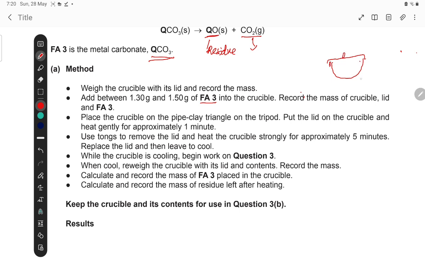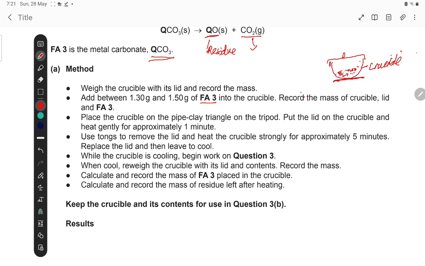This is the crucible, and in this QCO3 or metal carbonate is placed. Now it is placed on the pipe clay triangle.